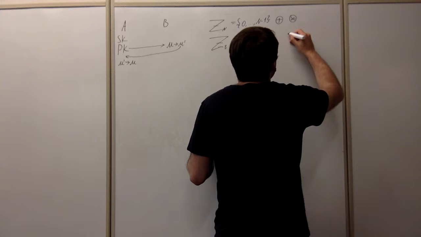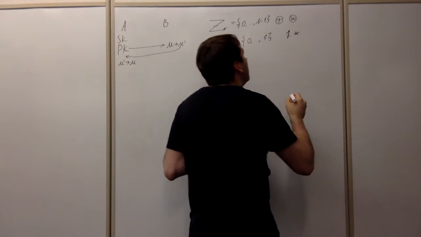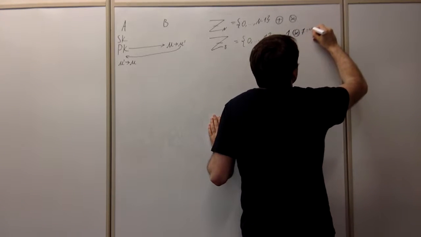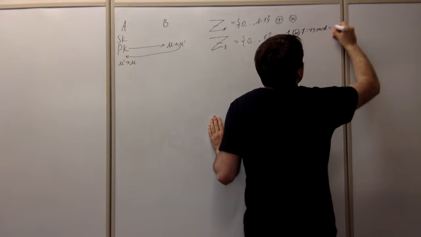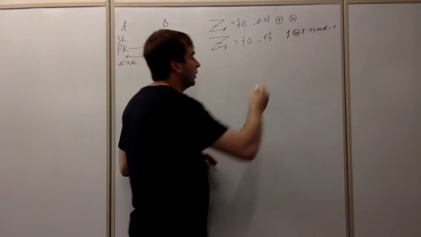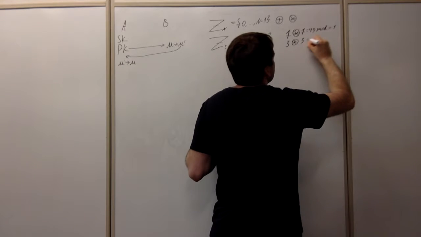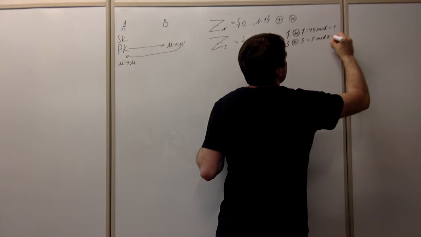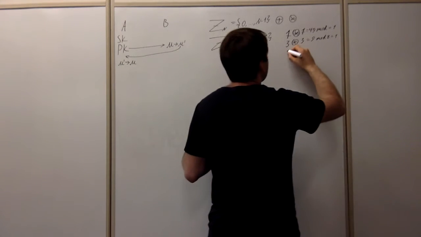So for example, 7 is revertible in the ring Z8, because 7 multiplied by 7 is 49, and mod 8 is 1. The same holds for 3. 3 multiplied by 3 is equal to 9, and mod 8 is equal to 1. However, 2 is not revertible.